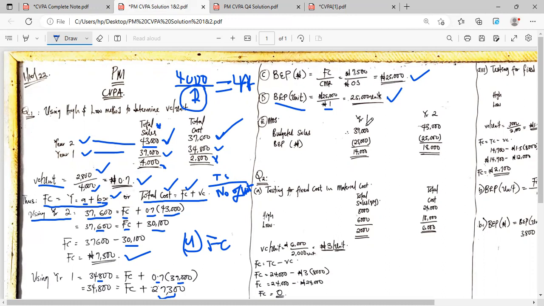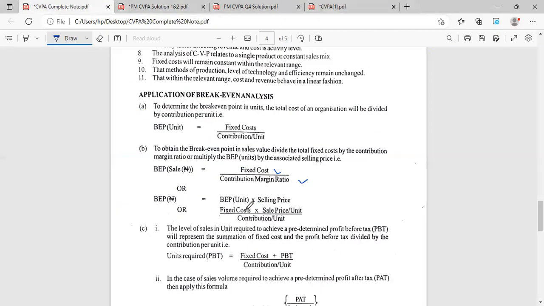So I have a question. Can you use that formula, fixed cost times selling price per unit over contribution per unit, to get BEP in naira? Okay, so BEP in naira, which of the formulas?